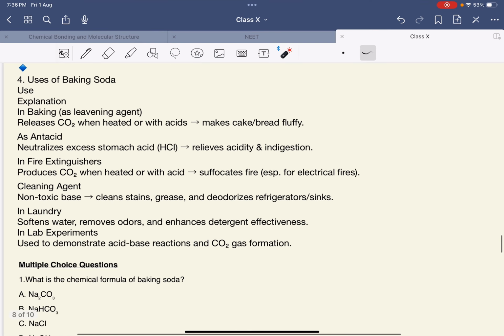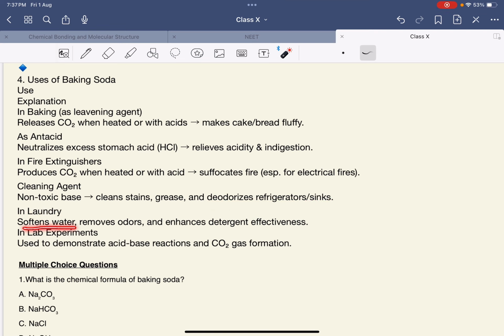Use of baking soda in baking: CO2 is responsible, makes cake and bread fluffy. In antacids, it neutralizes excess HCl created in our stomach, relieves acidity or indigestion. CO2 released when heated with acid suffocates fire, especially electrical fires. It is a non-toxic base that cleans stains and grease and deodorizes refrigerators and sinks.